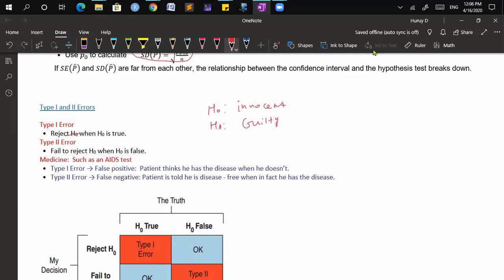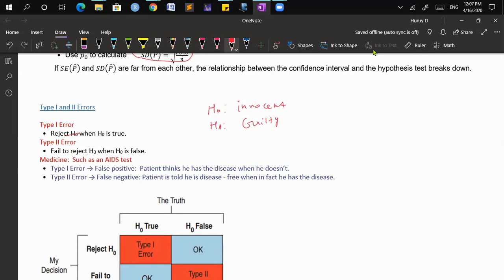So if you have this hypothesis, when the jury decides, they depend on the evidence. Okay, they didn't see the person commit anything, so they depend on the evidence. So suppose in reality the person is innocent, but there was enough evidence to convince the jury to convict him guilty.